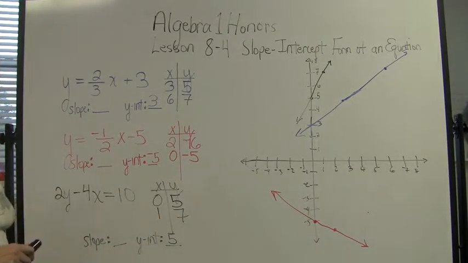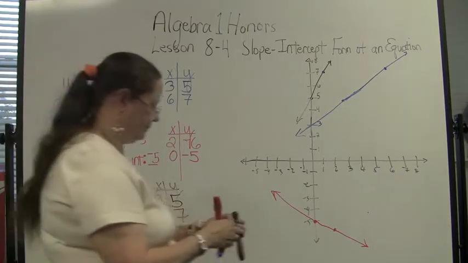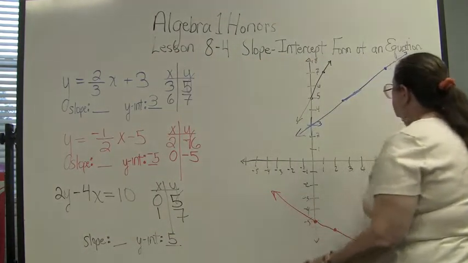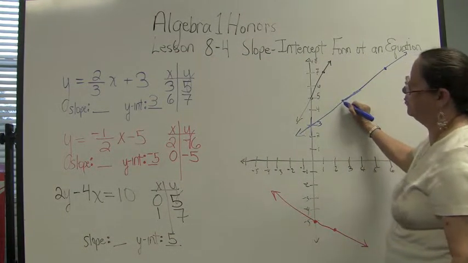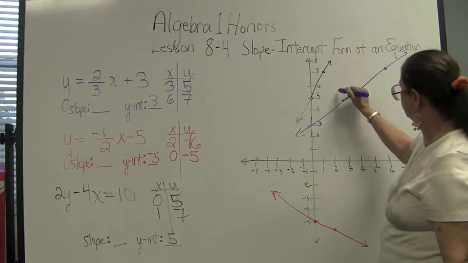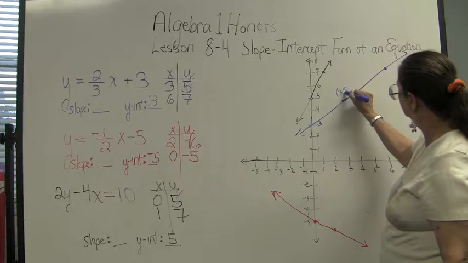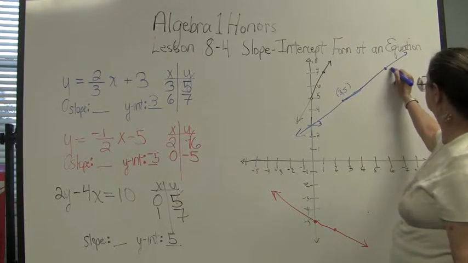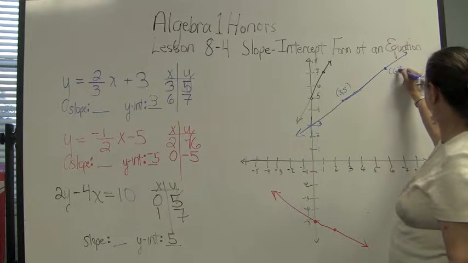Okay, now let's do our slopes. Our slope on the blue line. Well, right here, our point is 3,5. And our point up here is 6,7.